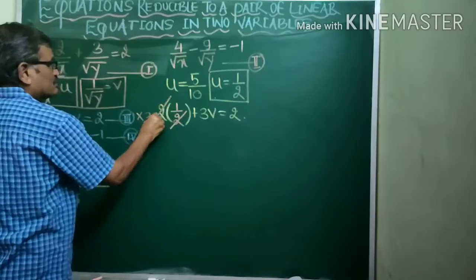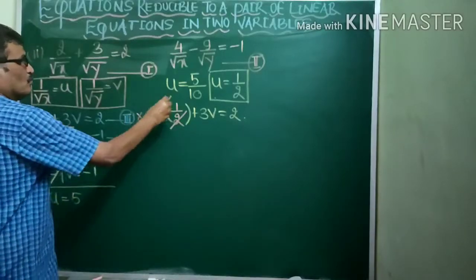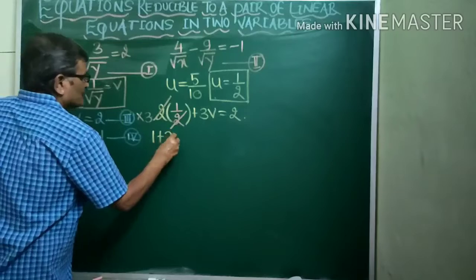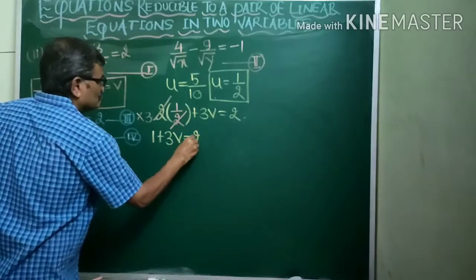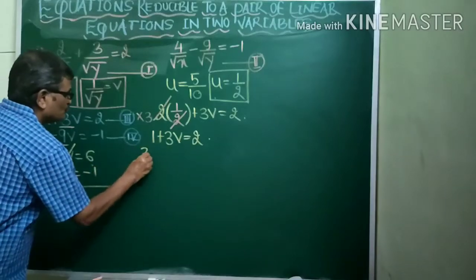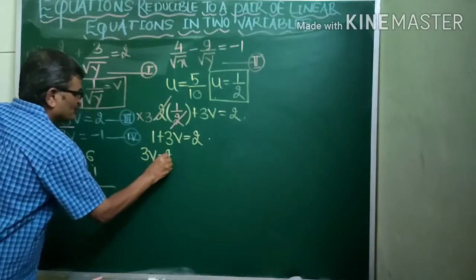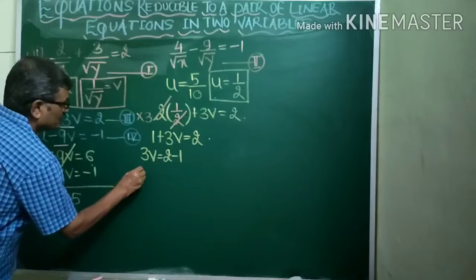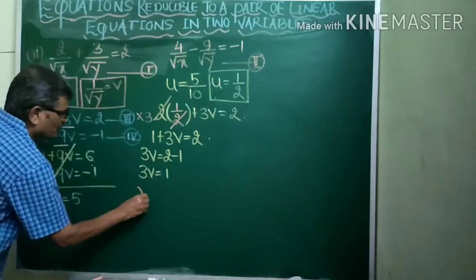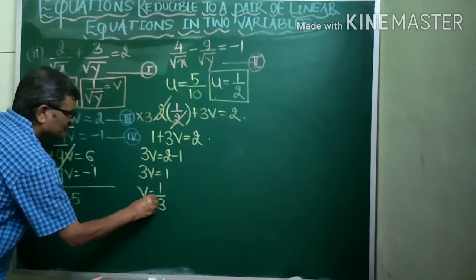This cancels here. So what I get is 1 plus 3v is equal to 2. If 1 plus 3v is equal to 2, then 3v will be equal to 2 minus 1. So that is 3v is equal to 1. So v is equal to 1 by 3.